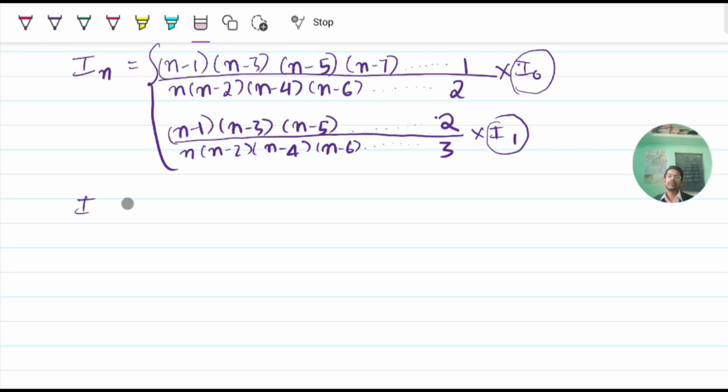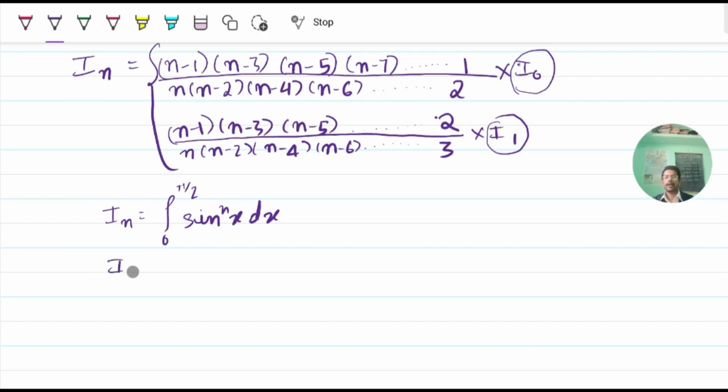To find I0 and I1, we know that I_n is equals to integration 0 to pi by 2 sine power n x dx, right.